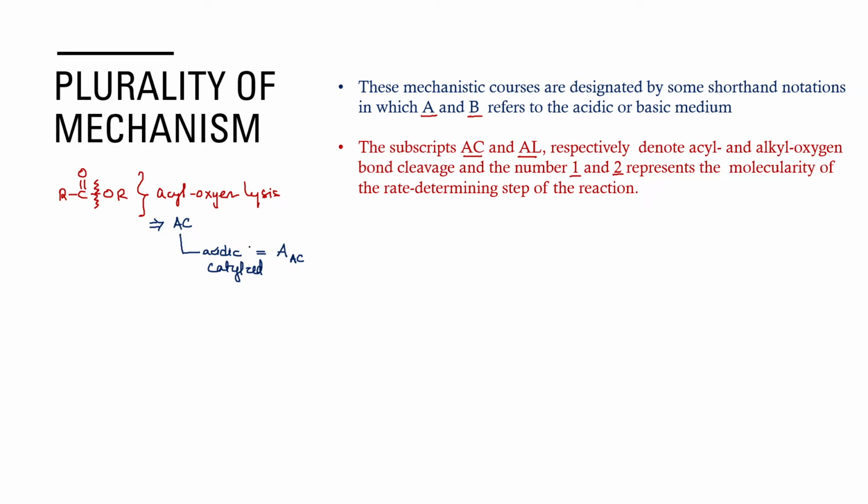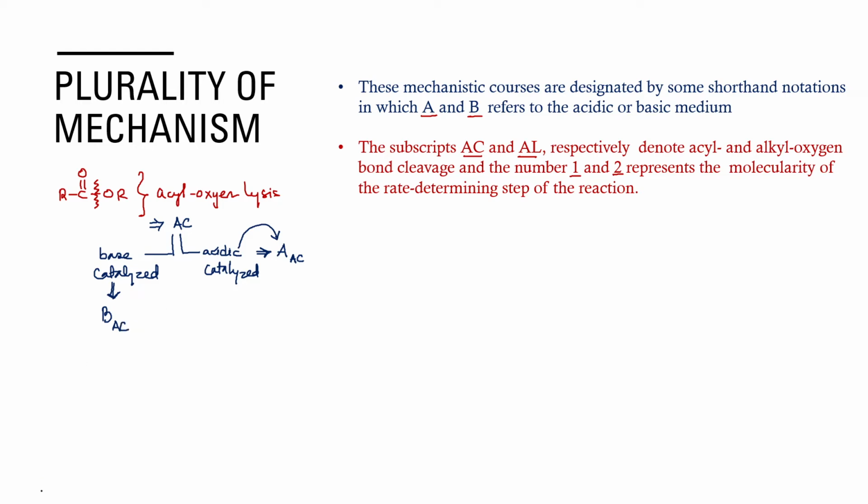Okay? या अगर वो nature of medium को represent कर रहा है, if it is acidic then I will write A, if it is basic then I will write B. So if it is base catalyzed, then I will represent it as BAC.